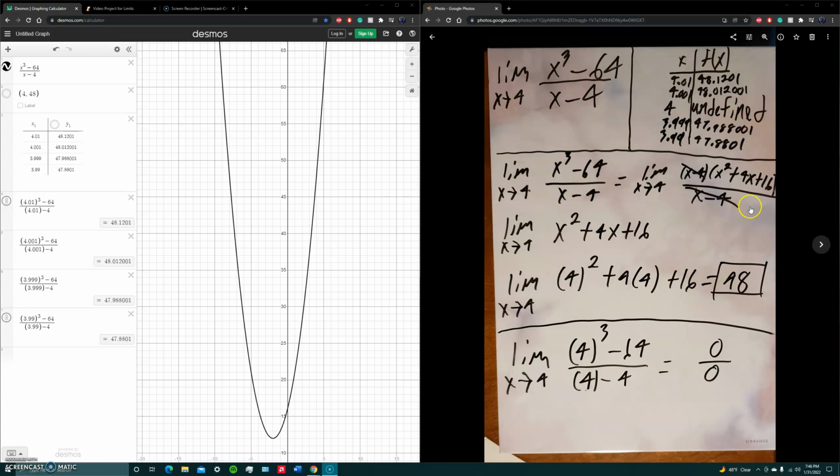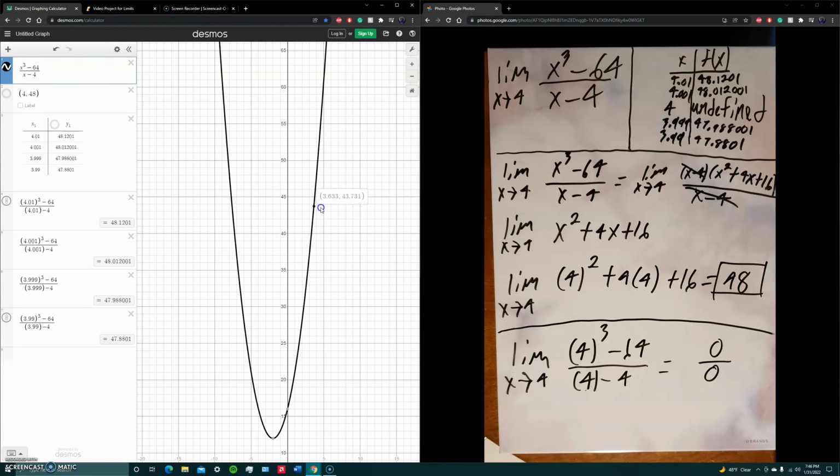And thus in these notes, I got, as the limit of x approaches 4, it is x squared plus 4x plus 16. Plugging in 4, we get 48. Now, we can graph this equation as seen here in Desmos, and we're looking for 4.